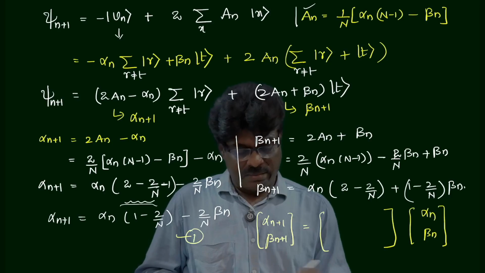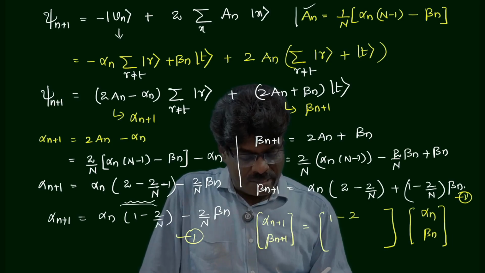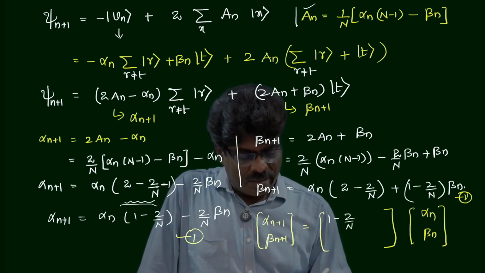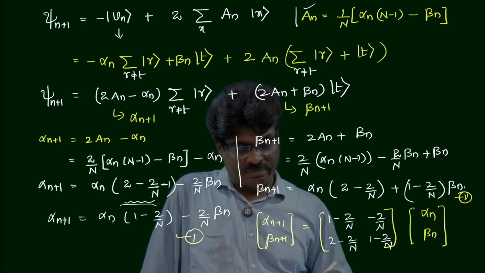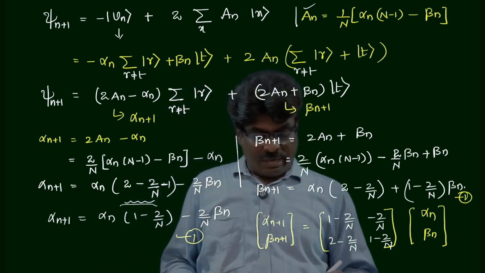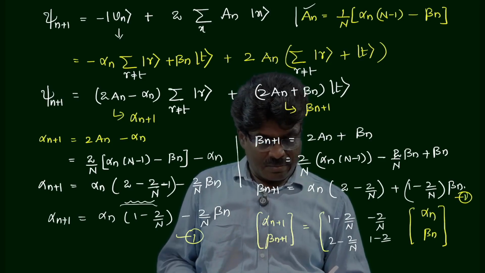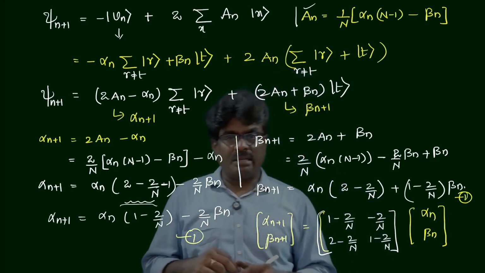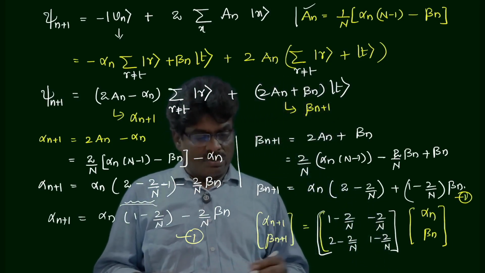If you write these two equations in the matrix form, you get first element 1 minus 2 by n, and here minus 2 by n, and here 2 minus 2 by n, and here 1 minus 2 by n. So that's it. And here we got this iteration matrix: 1 minus 2 by n, minus 2 by n, and 2 minus 2 by n, and 1 minus 2 by n. So that's it.